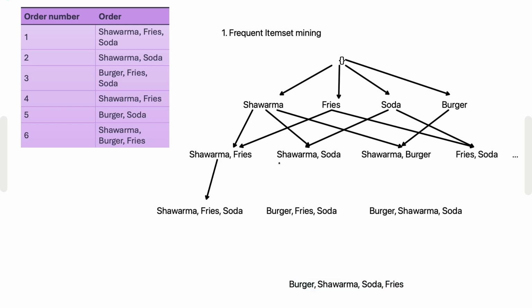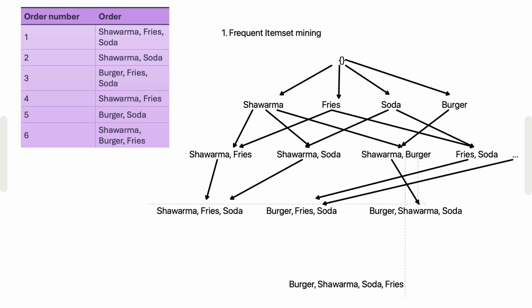This is shawarma fries and shawarma, so these are connected. Then we have burger, fries, soda, and somewhere here would be burger, fries, and then burger, shawarma. And then shawarma soda, and so on, right? And this would hopefully be all of them.